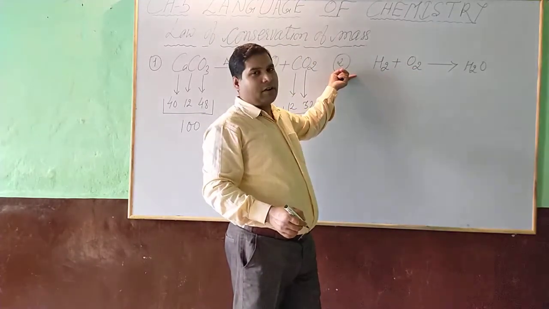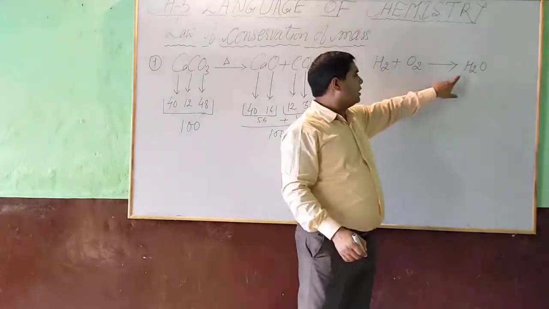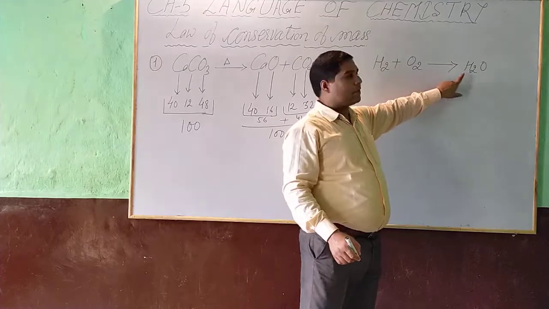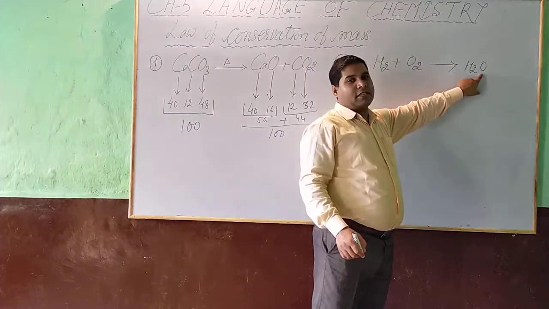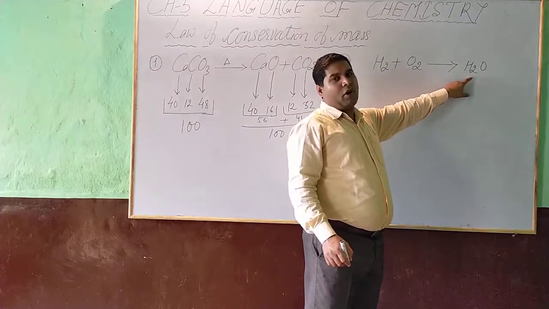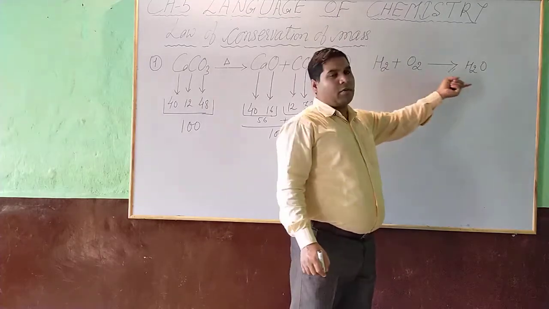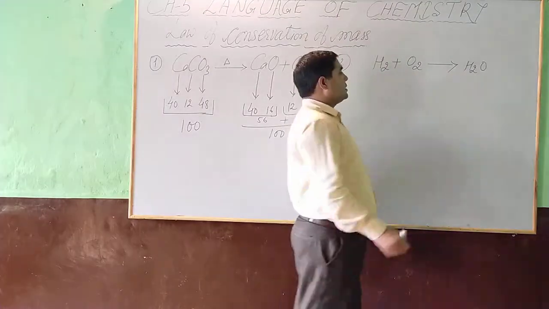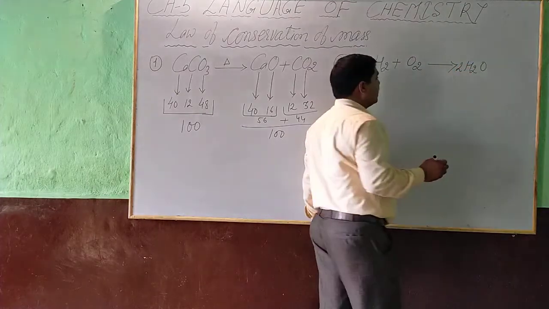Hydrogen is 2 and here also hydrogen is 2. But you see here oxygen is 2 and here oxygen is 1. So we will increase the number of oxygen on the product side so that both sides have the same number of oxygen. So we will put here 2.